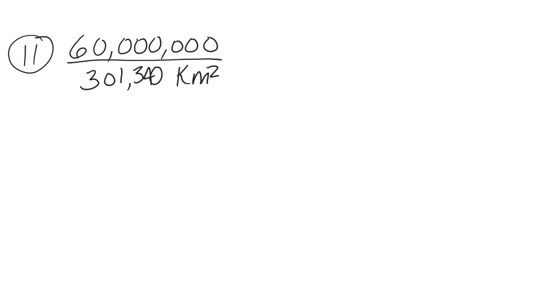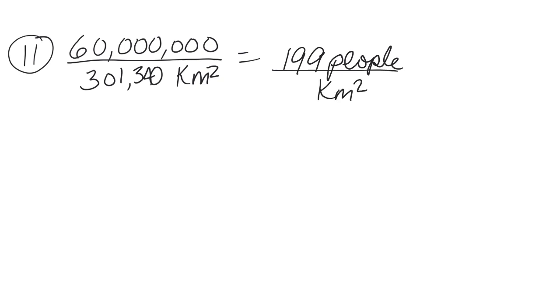And so when we do that, we get our answer is 199 people per square kilometer. And since we already have 3 significant digits, we don't need to round with a decimal. Even though our answer comes out as 199.11, we can round to 199 because that's 3 significant digits.